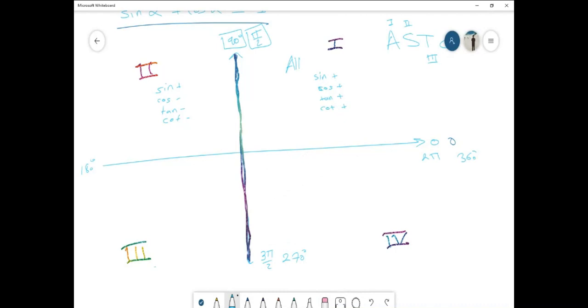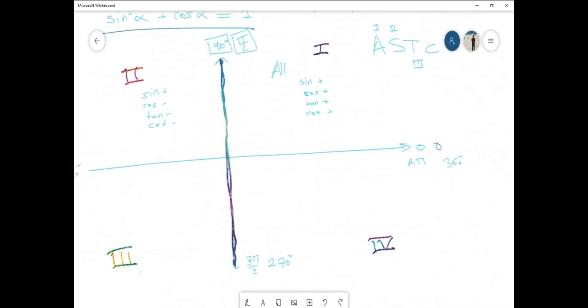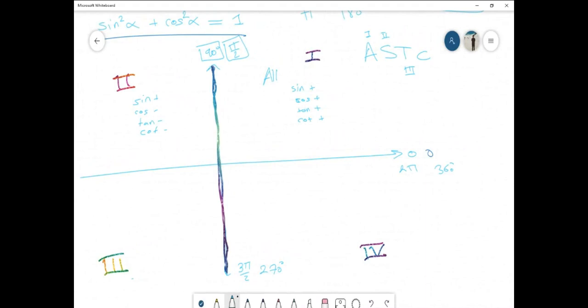So here, signs of these terms. In the first section, all of them were positive. In the third section, only tangent and the reverse of it, which is cotangent, is positive. The others are negative.